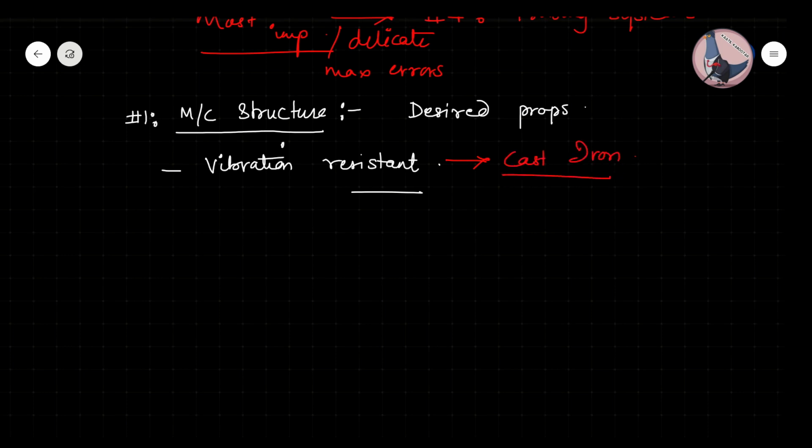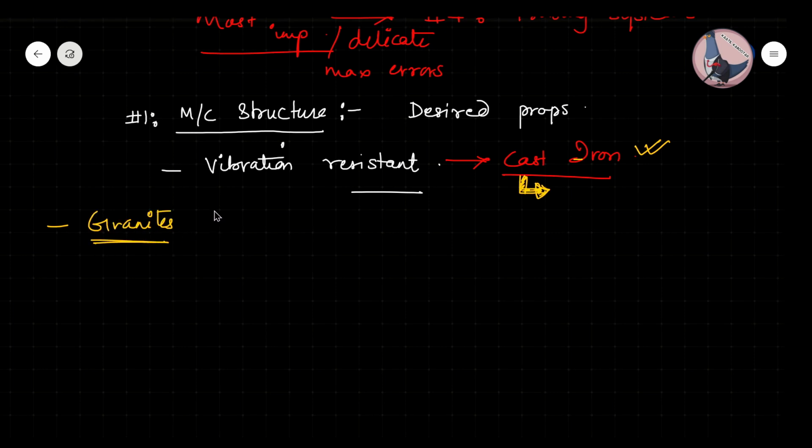And yes, cast iron is used over here. It is a correct answer. But cast iron was used earlier. Nowadays, we are not using cast iron. The reason, I will tell you, is that it is very heavy, and over a period of time it becomes very dirty. So nowadays we generally don't use cast iron. In fact, nowadays we use granites.